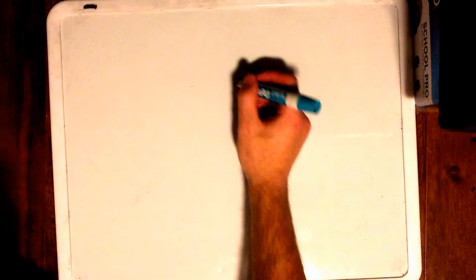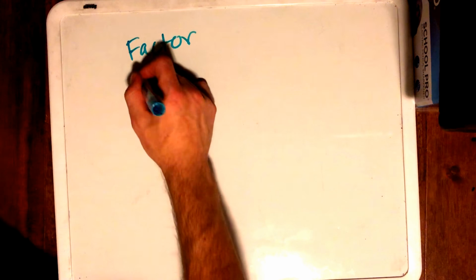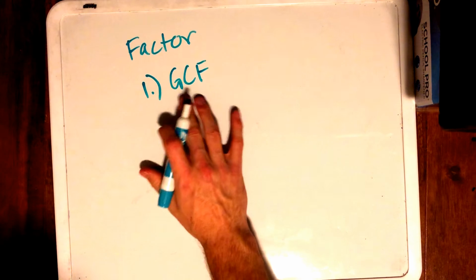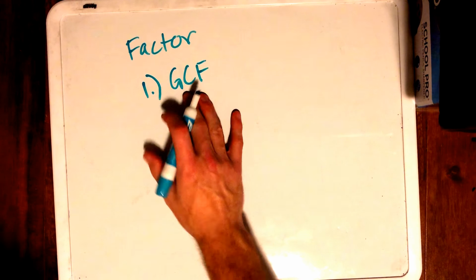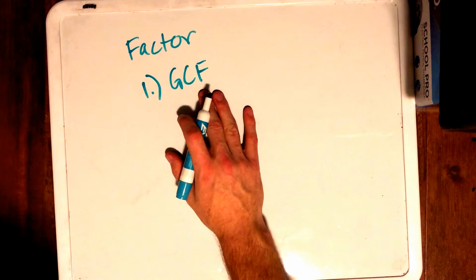So if you are asked to factor a polynomial, like if you get a problem that says factor, there are 4 steps that you're going to go through in your head. The first thing you want to do is see if there's a greatest common factor, something that all of the terms in that polynomial share that you can pull out in front of the parentheses. So like just what we've done so far.